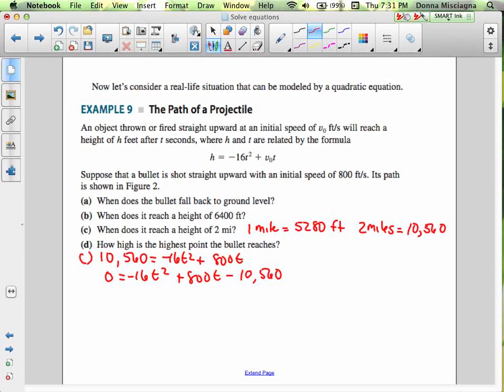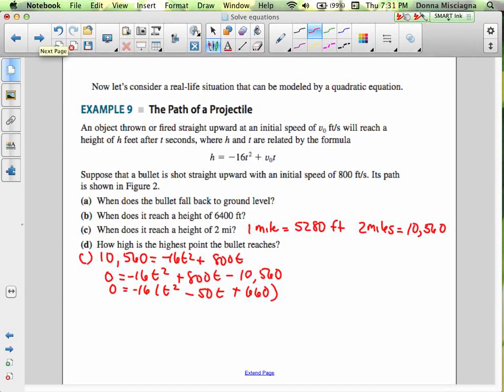All right, so we know what 800 divided by 16 is, but how about 10,560? Of course, I could have brought the calculator up from the computer. Divided by 16. Yes, they're all divisible by 16. So we can at least divide everything by 16. 0 equals negative 16t squared minus 50t plus 660.